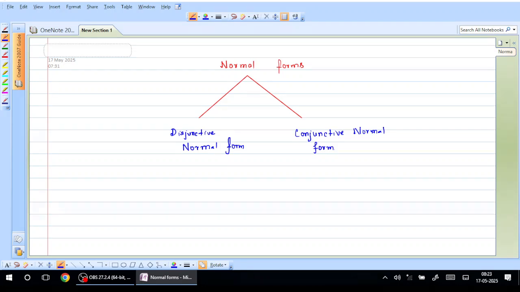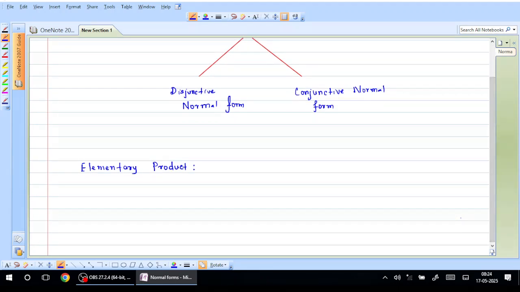So first of all, we define the elementary product and elementary sum.